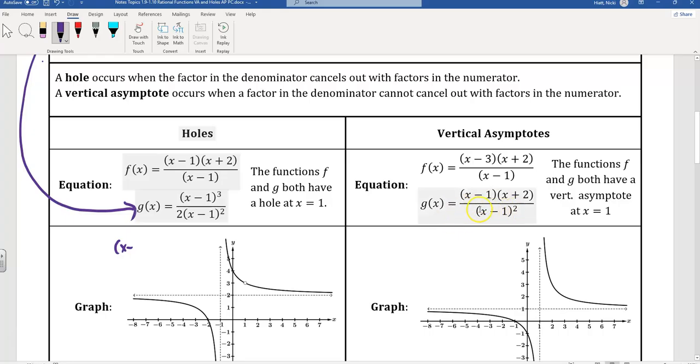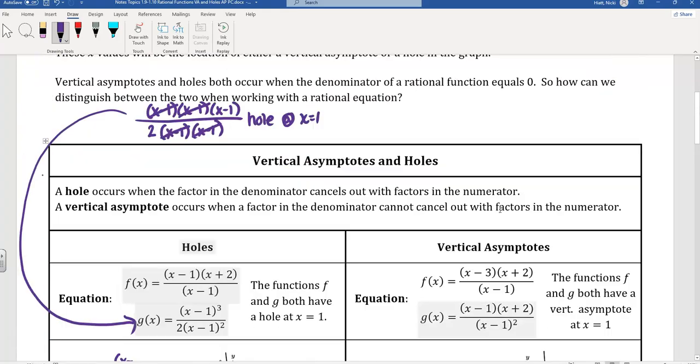We also could have this scenario, I'll write it up here, that g of x would be x minus 1 times x plus 2, and in the denominator, x minus 1 times x minus 1, right? Kind of like we saw in the other. These will cancel, but this time you're left with an x minus 1 in the denominator, right?